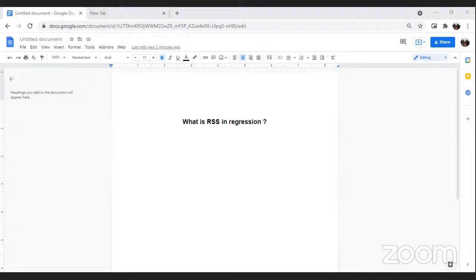RSS stands for residual sum of squares, right? It is a sum of the squares of the variance of different data points. The residual sum of squares is used to help decide whether the model is a good fit to the data or not. It also measures the overall difference between the predicted data and the test data and the trained data, basically.